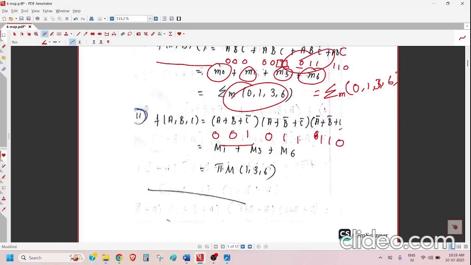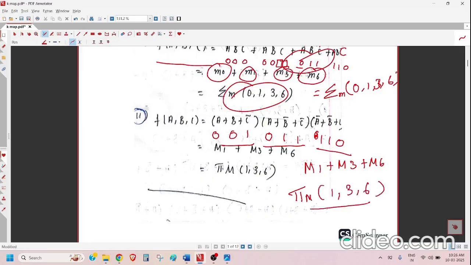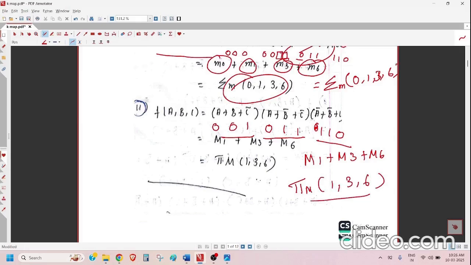Likewise this is 1, this is representing 3 and this is representing 6, so it is called capital M1, capital M3 and capital M6. So finally it is represented as pi capital M 1 comma 3 comma 6. So likewise you have to mention the min terms and max terms.